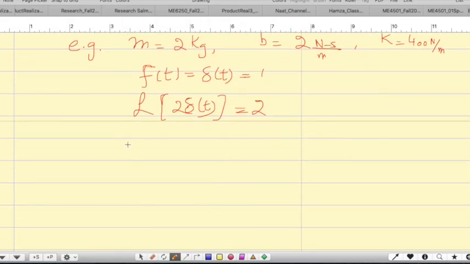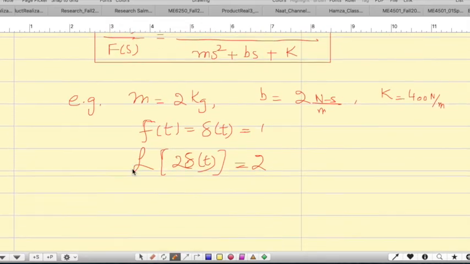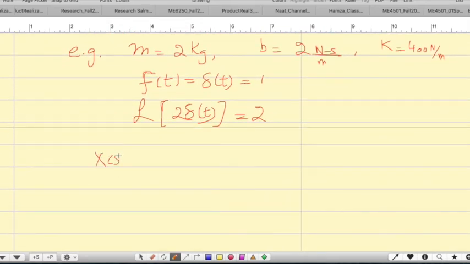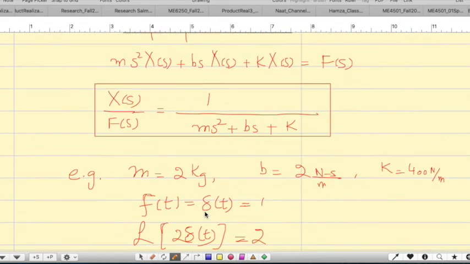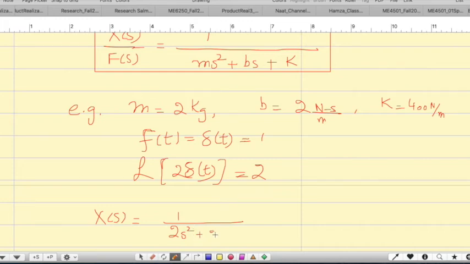So let me write it down. X of s is equal to 1 over 2s squared plus 2s plus 400 times the Laplace transform of delta t.